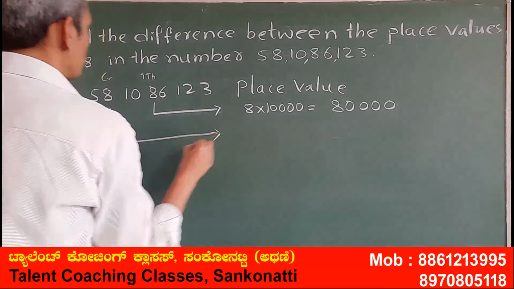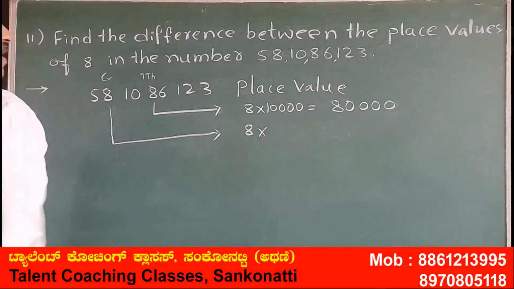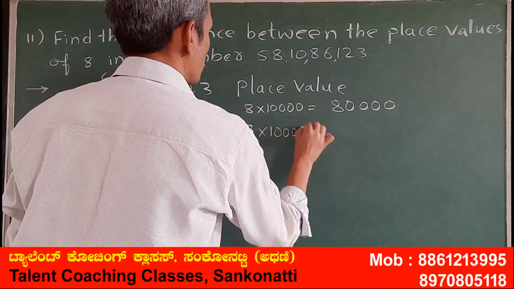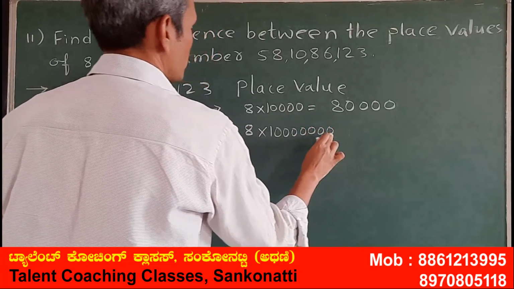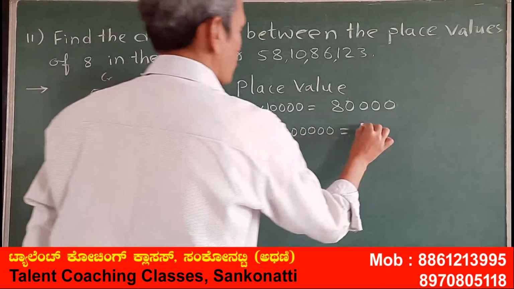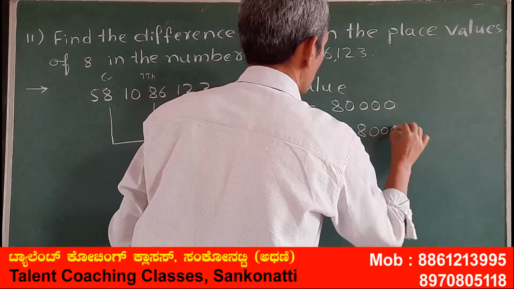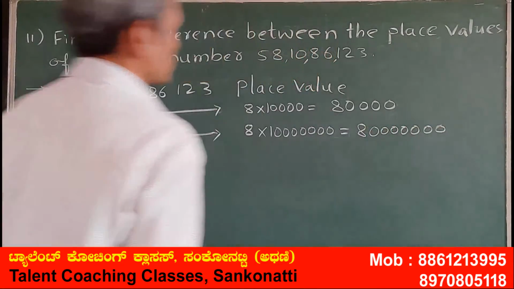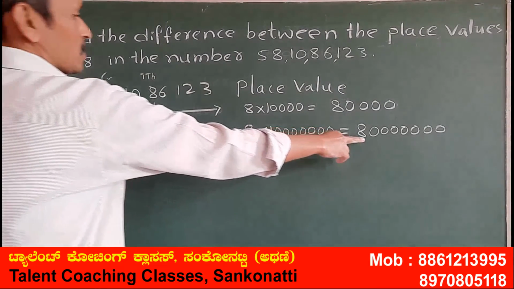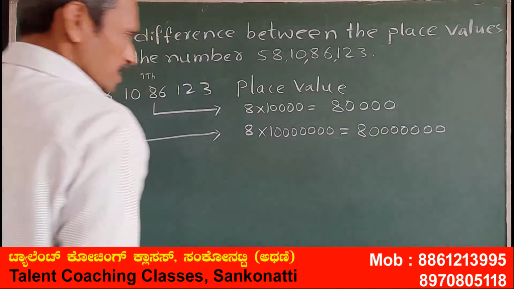Here the place value of 8 in the crore place: unit, 10, 100, 1000, 10,000, lakh, 10 lakh, crore. 8 ones are 8 and how many zeros? 1, 2, 3, 4, 5, 6, 7 zeros. So this one is 80,000 and this one is 8 crore.